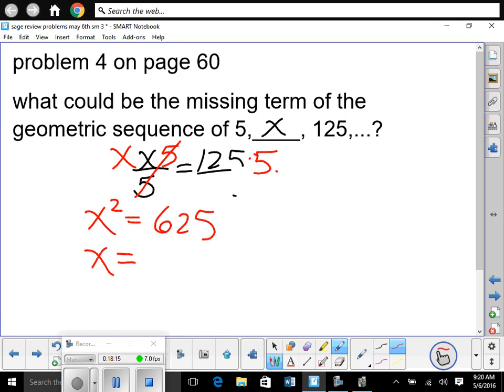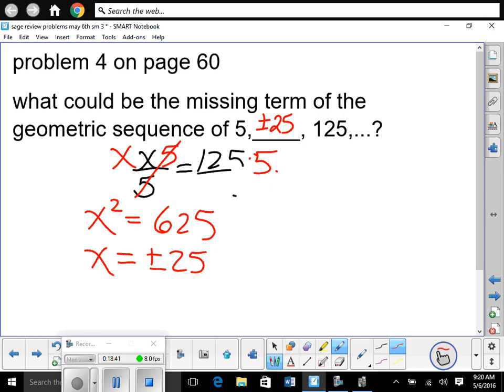Square root it. X is equal to technically plus and minus, right? We take the square root, and if we're trying to solve, we have to do plus and minus. What is it? So plus and minus 25. So it could be plus or minus 25. Don't forget plus or minus. So then if I said to you, what are you multiplying by?